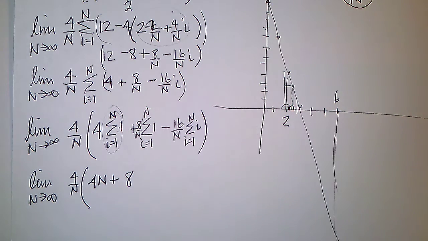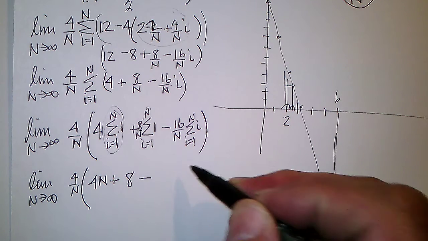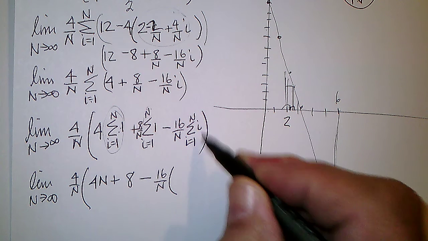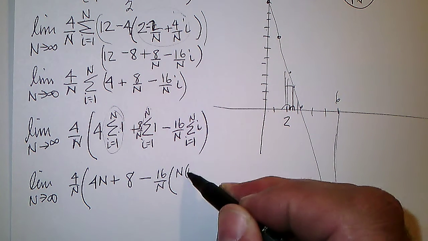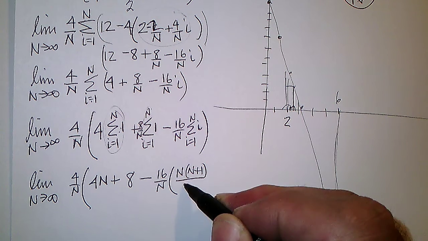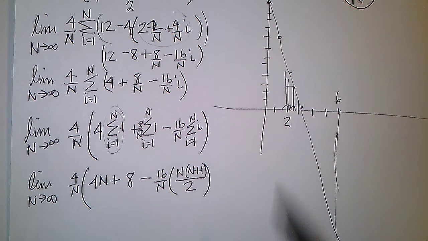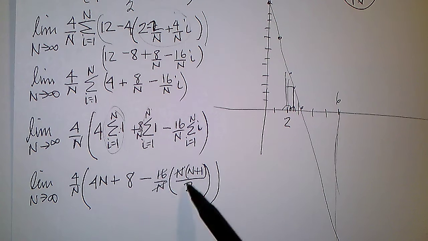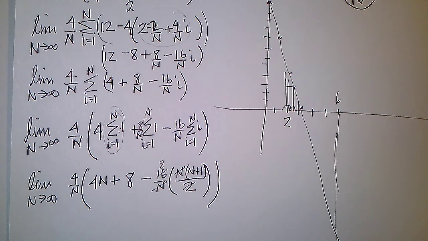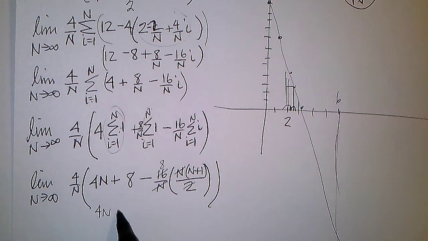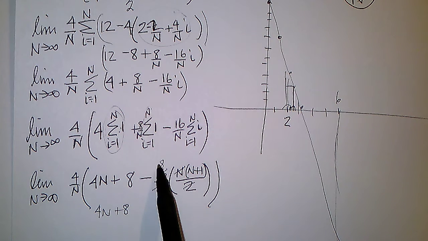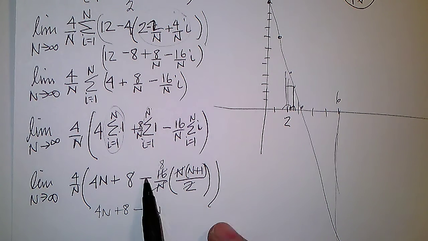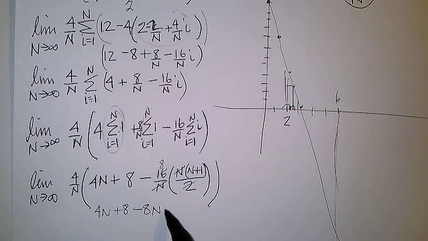This is n divided by n, minus this is going to be, see, we got 16 over n times I is n times n plus 1 over 2. So this n will cancel that n, and 16 divided by 2 is 8. So I'm going to have 4n plus 8 minus 8 times n, which is minus 8n. Then I'm going to have minus 8 times 1, which is minus 8.